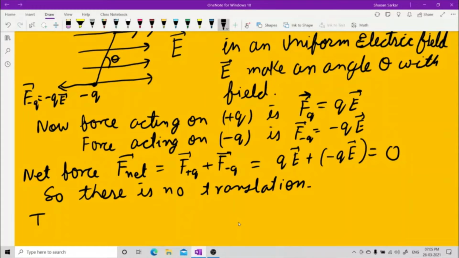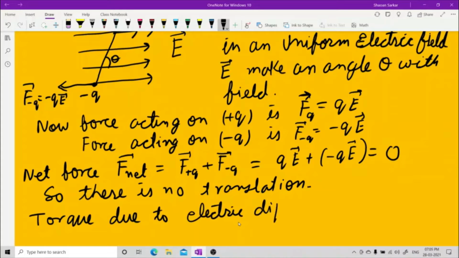Now the torque, the rotation effect, I mean to say, torque due to the electric dipole. Let us call it torque conservative.